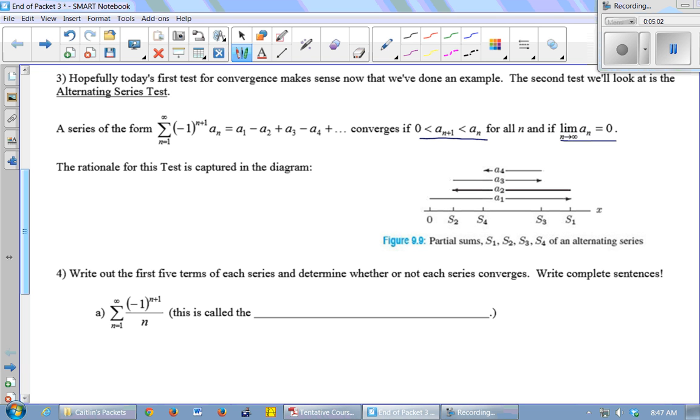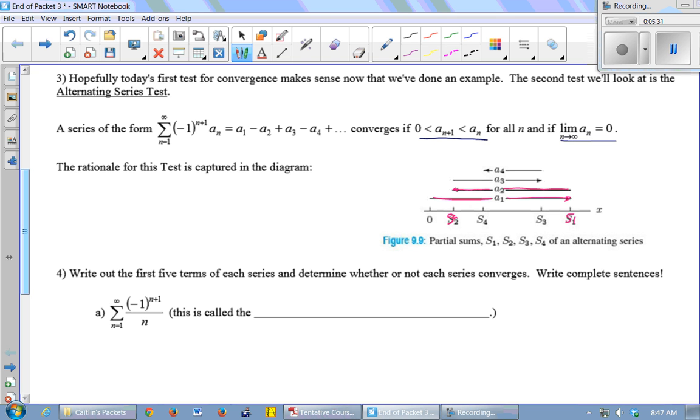So here's a little number line, right? If you put A1, say your first term is positive, and then I'm just going to do my partial sums. So this is S1 right here. A1 is some positive term, so my first partial sum is just A1. And then your second partial sum is A1 plus A2. And when you add A2, A2 is negative, so it goes the other way, but it's smaller than A1, so it doesn't go quite all the way back to where it started.